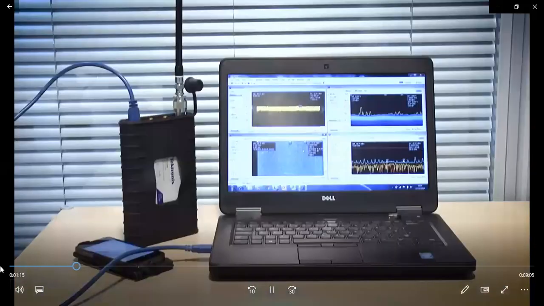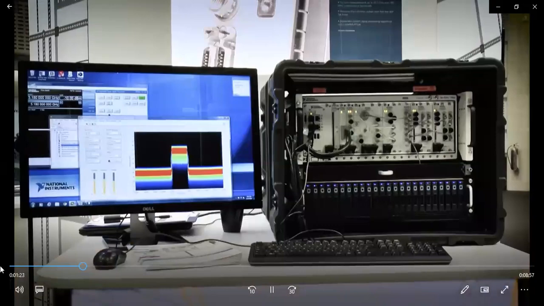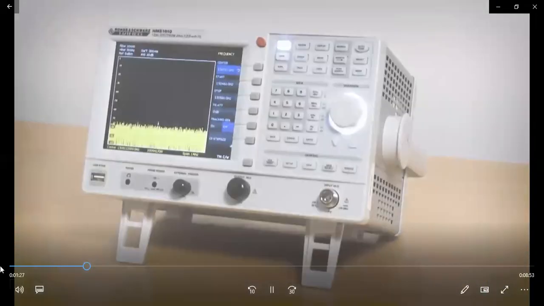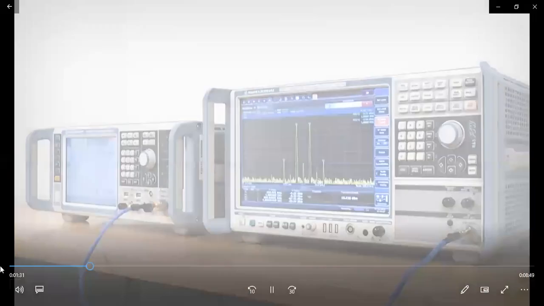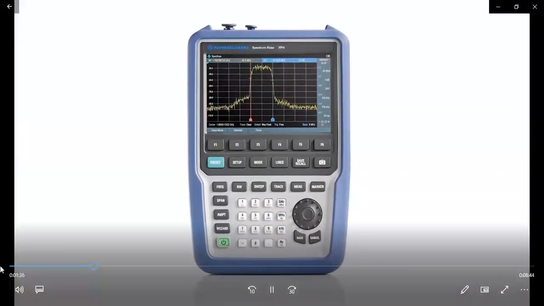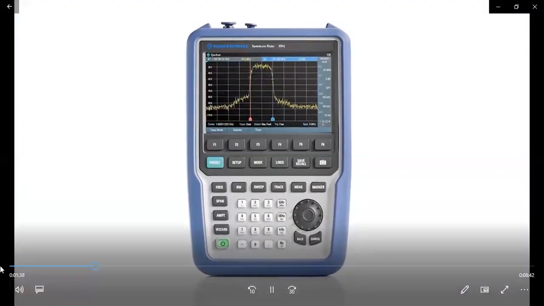Others are designed to be used directly with computers, often connected via USB links, enabling the computer's processing power to be used. Each format has its own advantages and disadvantages, and a choice has to be made for each application. Despite the differences in the way they are presented, spectrum analyzers follow the same basic principles and their operation follows the same basic rules.